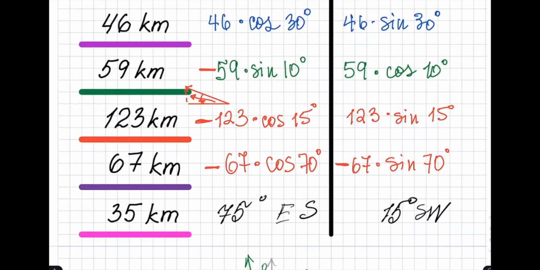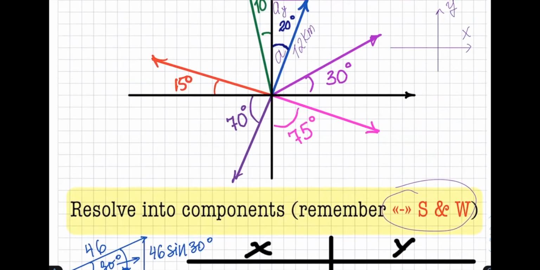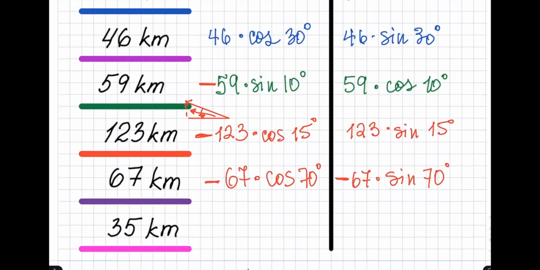And the very last one, east of south, so it was 75 east of south. So again, if I look at it this way, my x component will be through sine, and my y component will be through cosine. So 35 times sine of 75, it's pointing east, so that is positive, and 35 times cosine of 75.